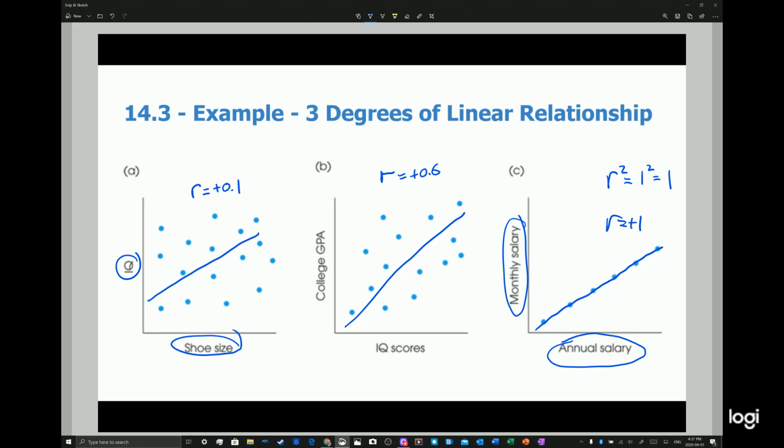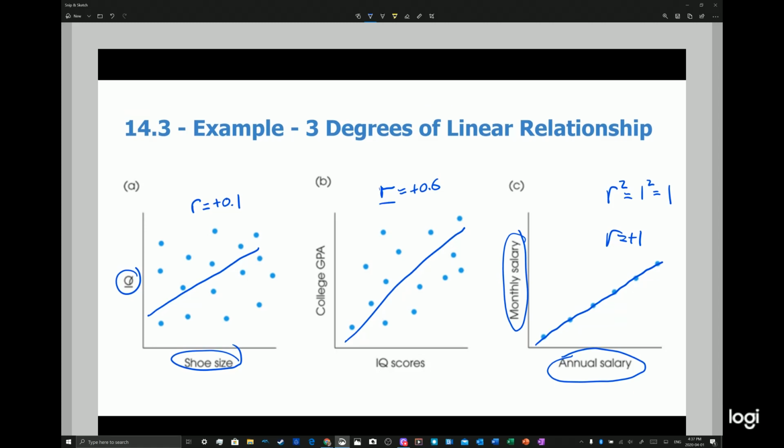Here, with IQ scores and college GPA, the correlation coefficient r looks pretty strong, 0.6. You square that, then it becomes 0.6 squared. Let me see if I did my math correctly here. 0.6 times 0.6 is 0.36. So here, 36% of the shared variability between college GPA and IQ scores explains how these variables change.